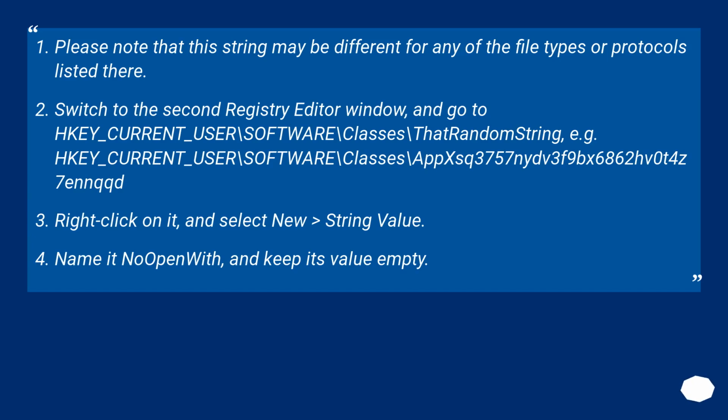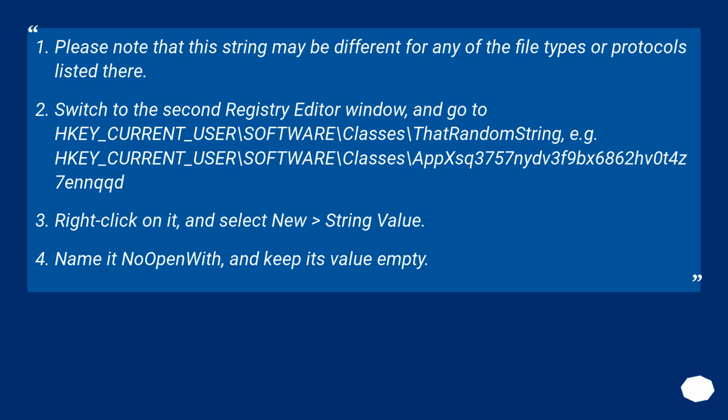Switch to the second registry editor window, and go to HKEY_CURRENT_USER\Software\Classes\ followed by that random string, for example HKEY_CURRENT_USER\Software\Classes\AppX followed by the ID.